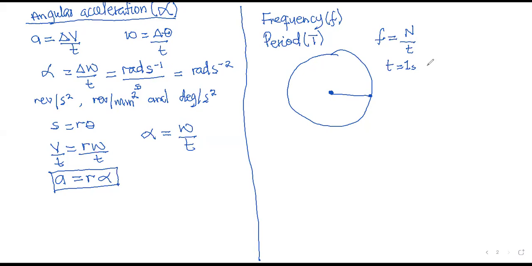Within 1 second, the turbine must rotate 50 to 60 times. That's the frequency of the machines. The generators we use in our homes also have that to supply us with the required voltage. The generator must rotate 50 to 60 times within 1 second to give us the required voltage.